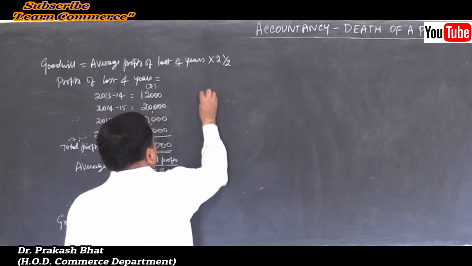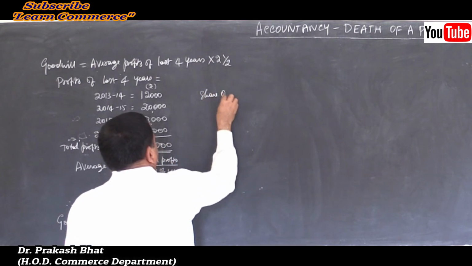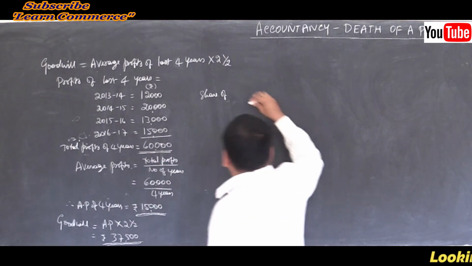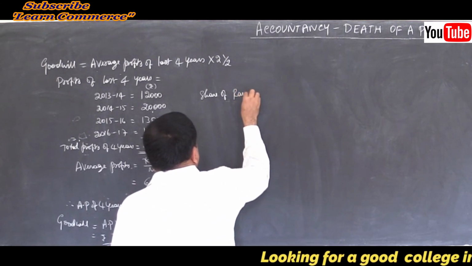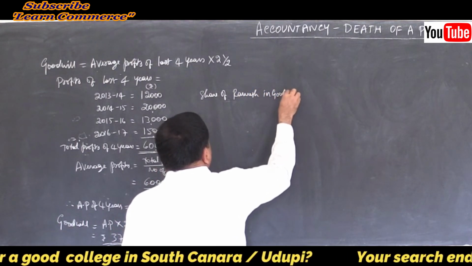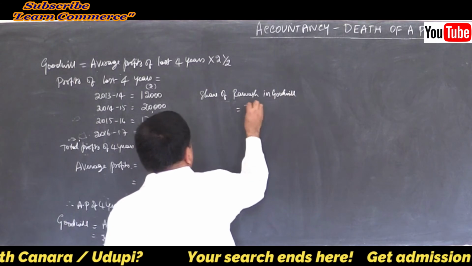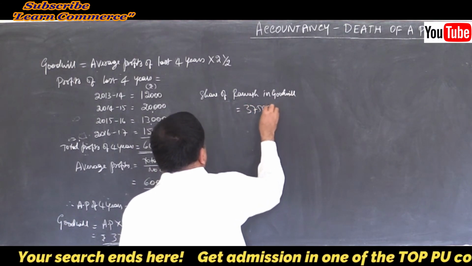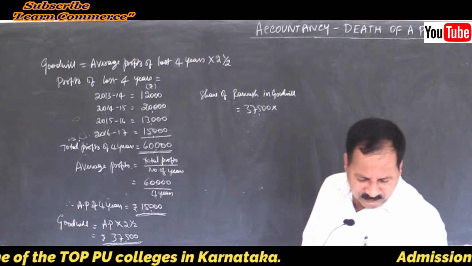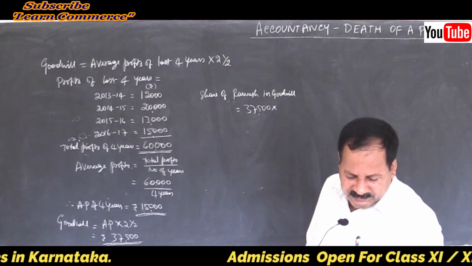Share of Ramesh, right? This is a partner. Yes. Share of Ramesh in goodwill is equal to 37,500 into Ramesh's share. How much is it? It is 5 by 10.